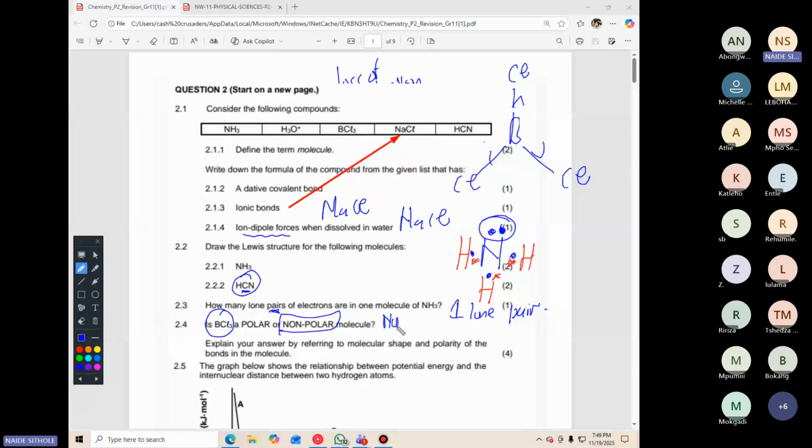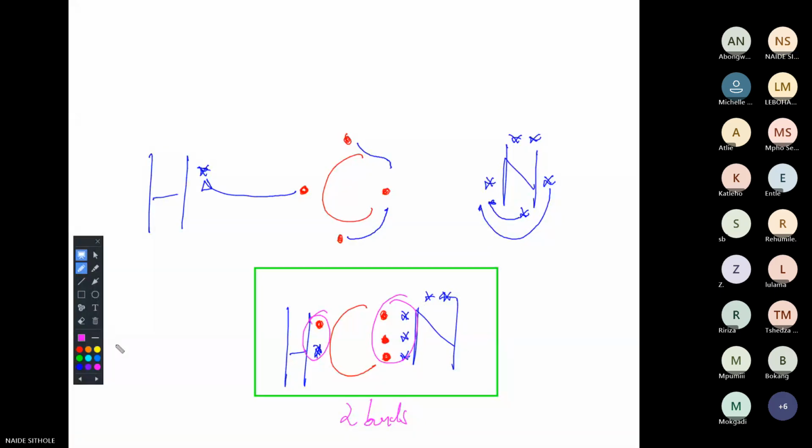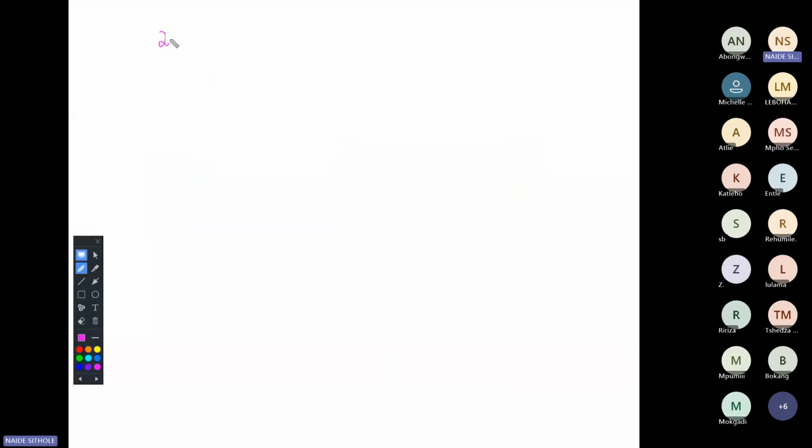Explain your answer by referring to the molecular shape and polarity of the bonds in the molecule. The molecular shape and polarity of the bonds. Make sure which is equal so that you get marks. So what are we going to say? For 2.4 now, we're going to say BCl3 has a trigonal planar shape.